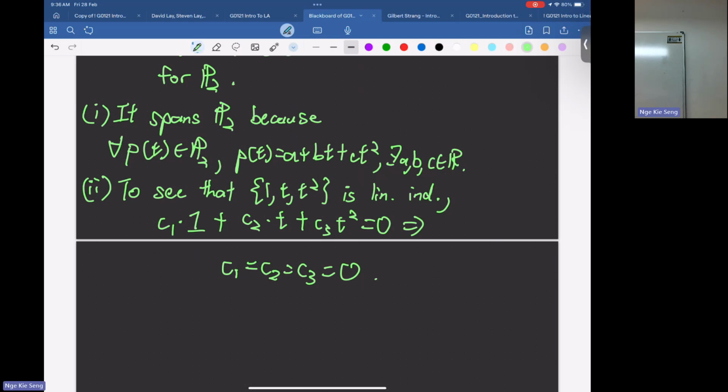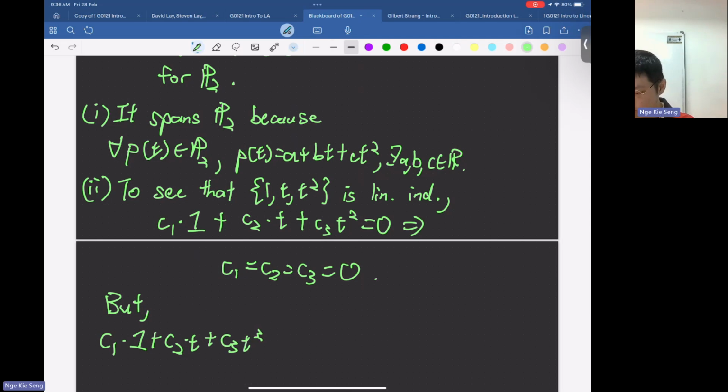So on the right hand side, what's the coefficient for the degree 1 polynomial, and for the degree 2 polynomial? 0, yes. So actually your 0 polynomial should look like 0 plus 0 times t plus 0 times t squared, and so on.